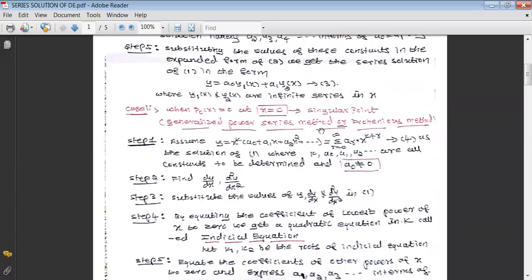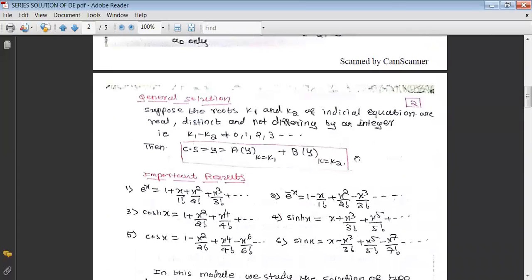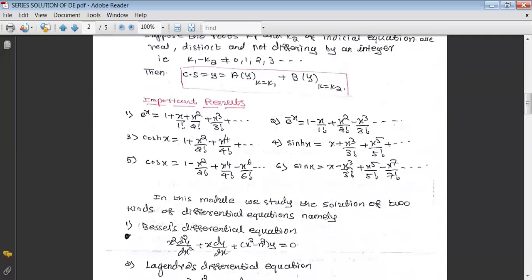And these are the steps to be followed in the second case to find the series solution of a differential equation. Now there are some important results which may be used while finding the series solution of a differential equation, and these are some of the standard expansions we have.